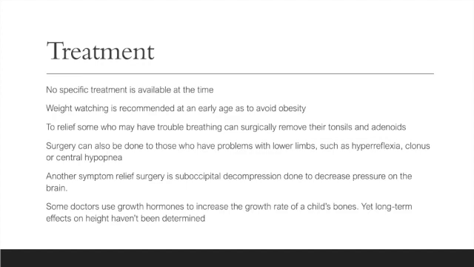Surgery can also be done for those who have problems with lower limbs, such as hyperreflexia, clonus, or central hypoxemia. Another symptom relief surgery is the occipital decompression, which is to decrease the pressure on the brain. Some doctors can also use growth hormones to increase the growth rate of the child's bones.